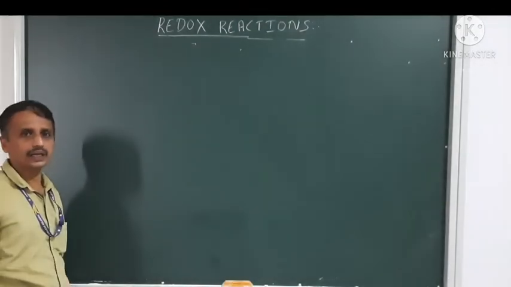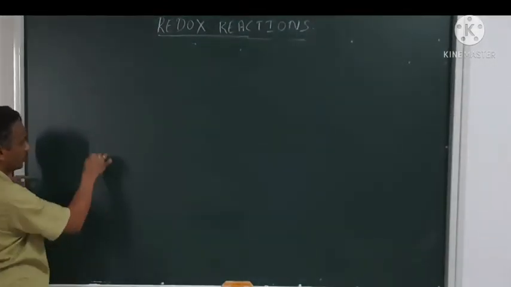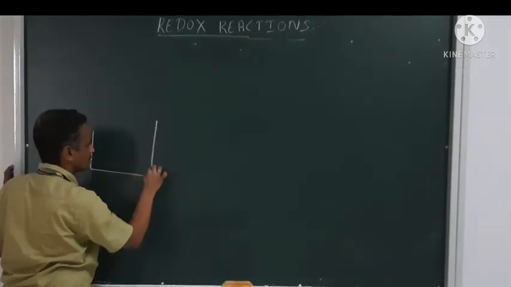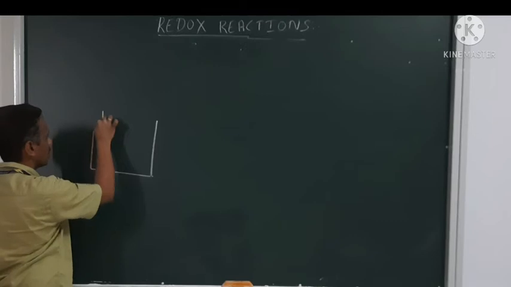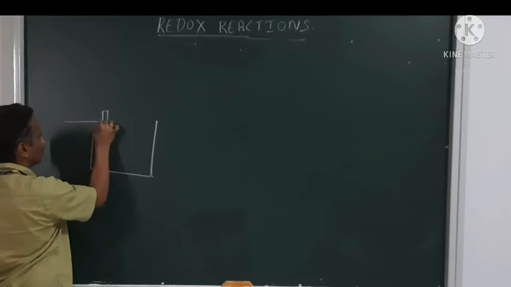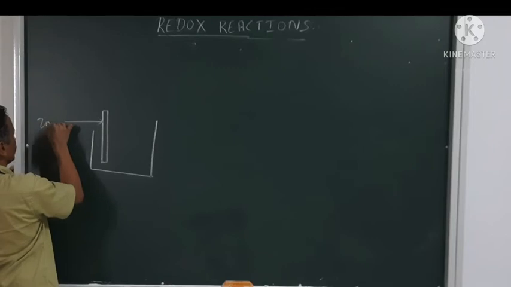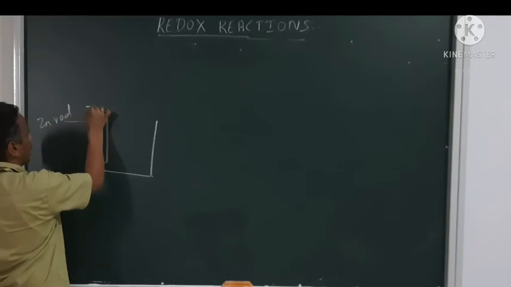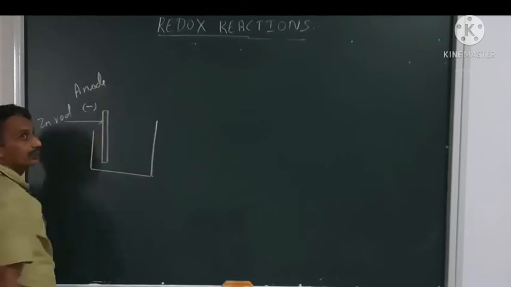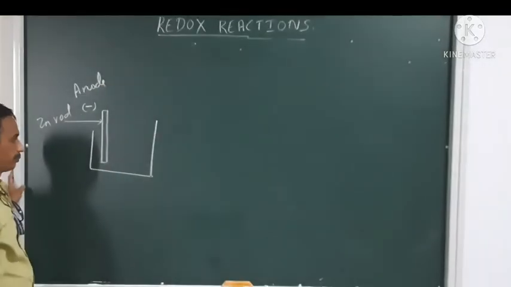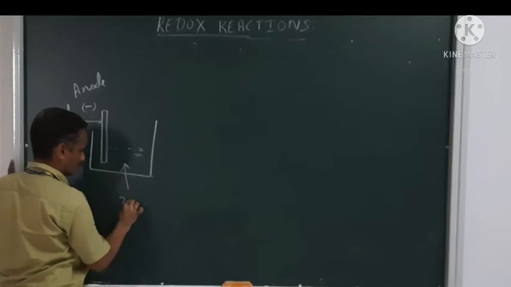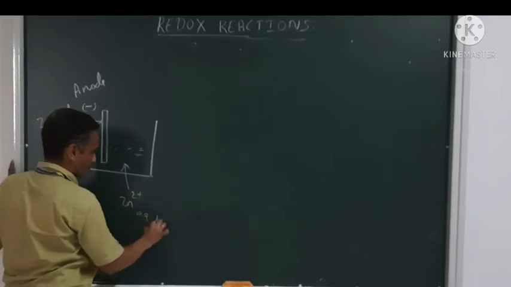How to construct the Daniell cell? See, take a zinc rod and keep it in zinc sulfate solution or Zn2+ ion solution. Zn rod is negative and it is the anode.